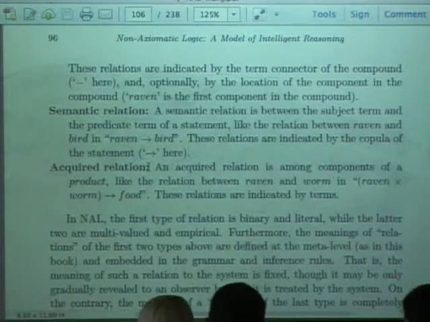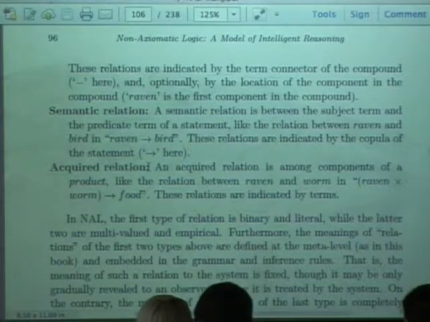beside, say, brother of, that kind of thing. Okay? That's unlimited. It's not built in. It's something the system learns from its experience. It's not directly handled by the inference rules. So I don't have a deduction rule just work on brother of. Okay, there is no such a thing.